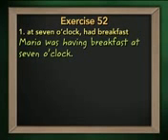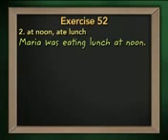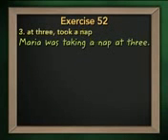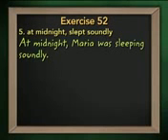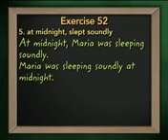Next, Maria was eating lunch at noon, or 12 o'clock. Maria was taking a nap at 3. Maria was reading a newspaper at 10 o'clock in the morning. At midnight, Maria was sleeping soundly, or Maria was sleeping soundly at midnight.